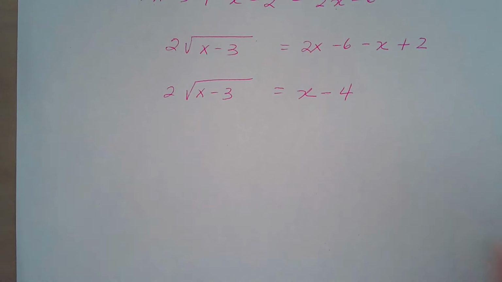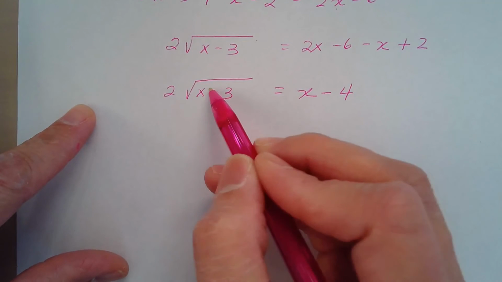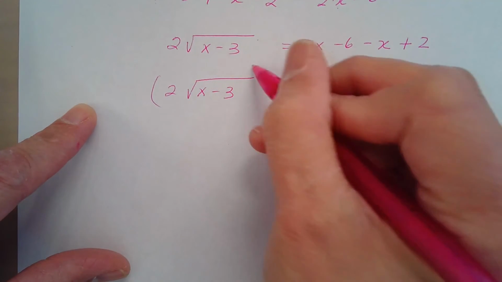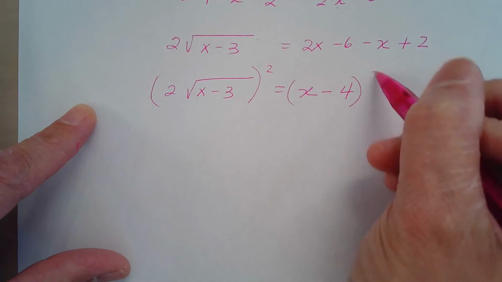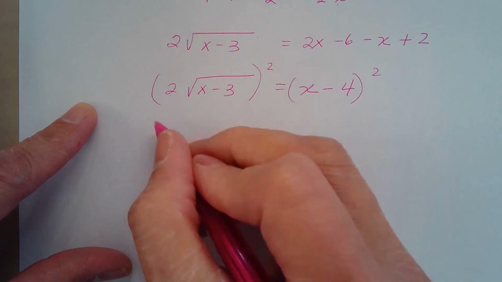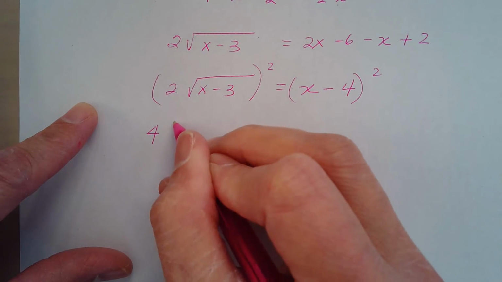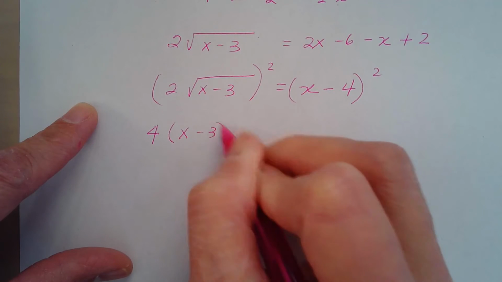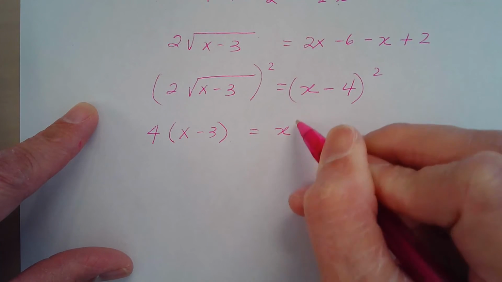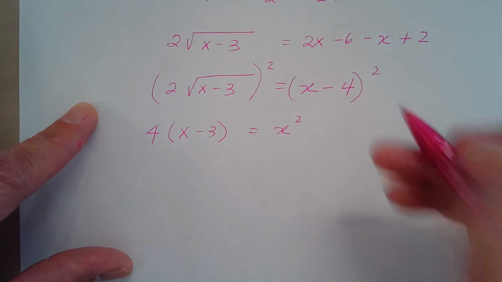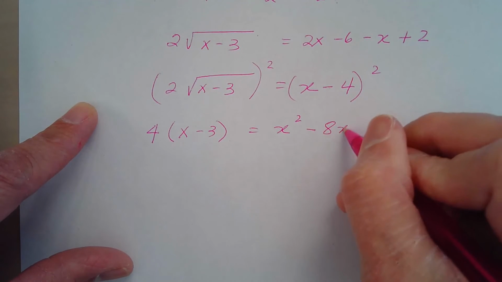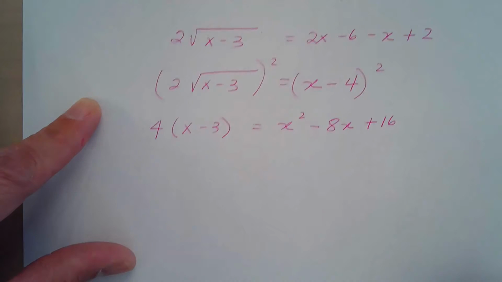Okay. Now there's one more radical that we have to deal with, right? So that one. We have to square it again. So that gives us 4 times x minus 3 equals, here again, x squared minus 8x plus 16.